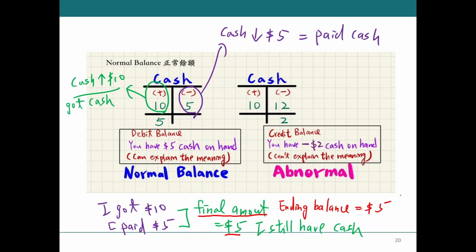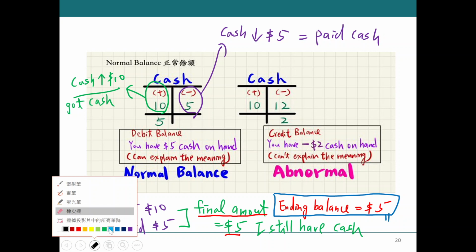Okay. So could you tell me, for the ending balance $5, we should put it on debit or credit side? For this $5, you should put it on debit or credit. That will make it normal.